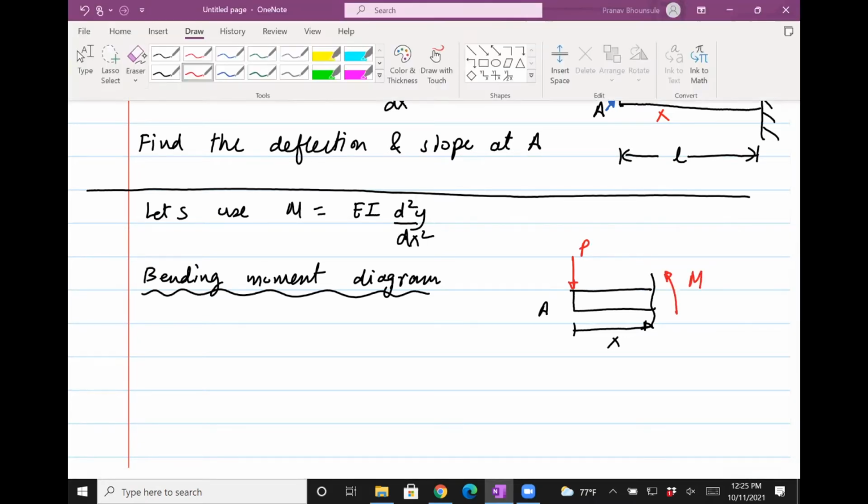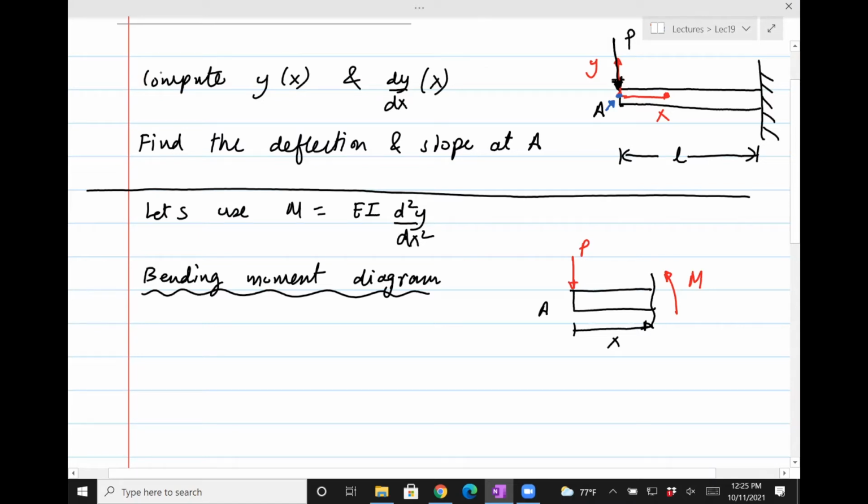Now, if you go back and refer to how you draw the bending moment diagram, loads which are counterclockwise, the way I've shown, are positive, right? So that's counterclockwise positive. And I'm taking moments about this point.